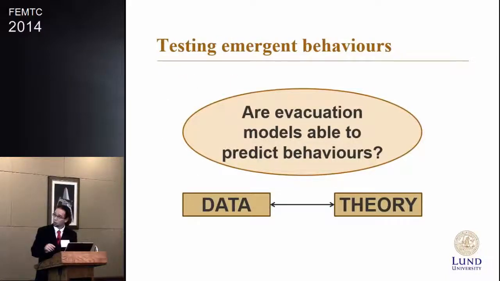The other issue that we have here is when evacuation models are actually predicting something. This is one of the main questions that we had, because sometimes you have certain data sets that are used to develop a theory, or you have a theory and then you plug certain data into a model.